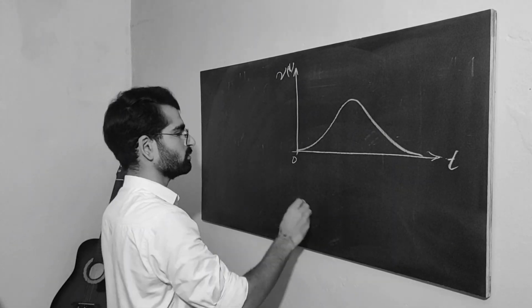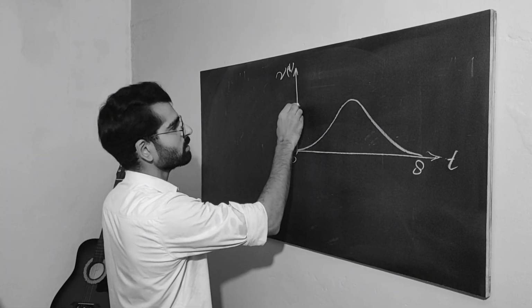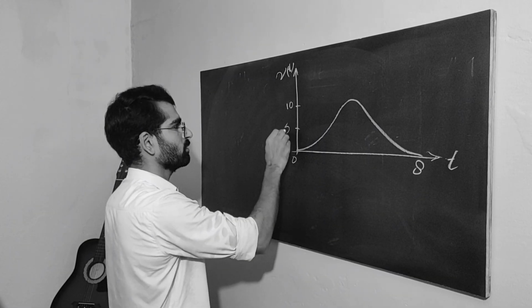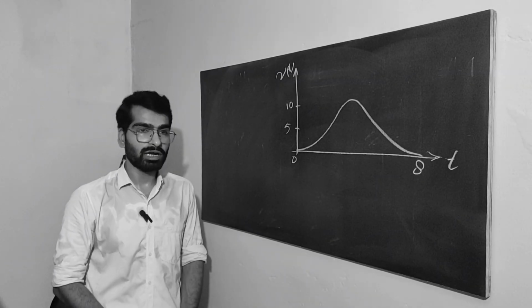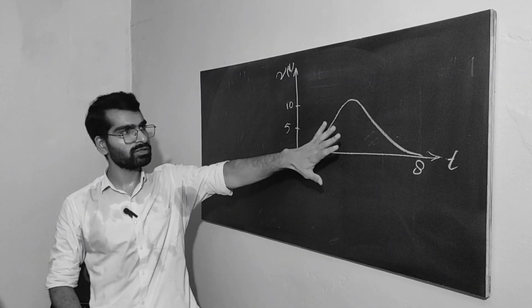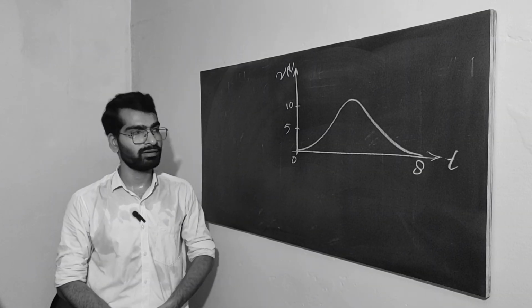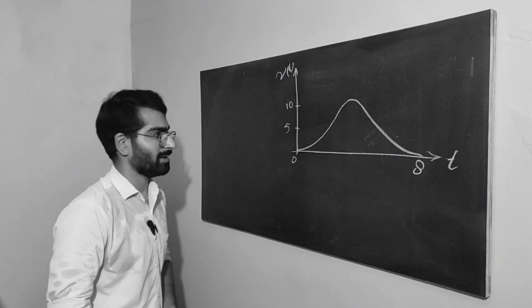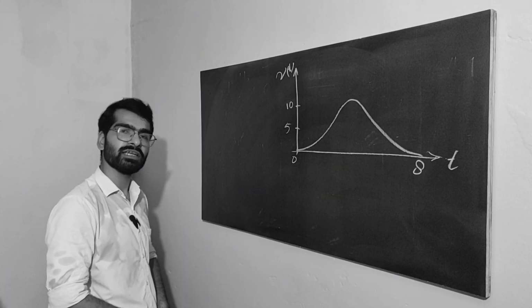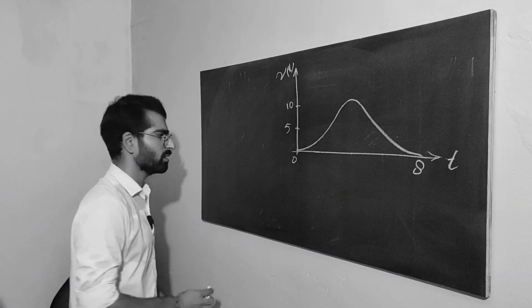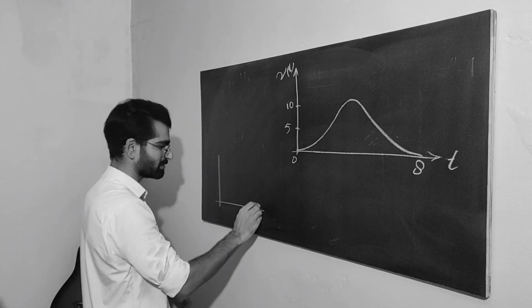It goes from 0 to 8 seconds, and this peak value is 10, and this will be 5 meters per second. And you are being asked, having this information for these speeds, can you find out the distance traveled? I don't know, but this problem would have been ridiculously easier if you had given me a constant velocity function.